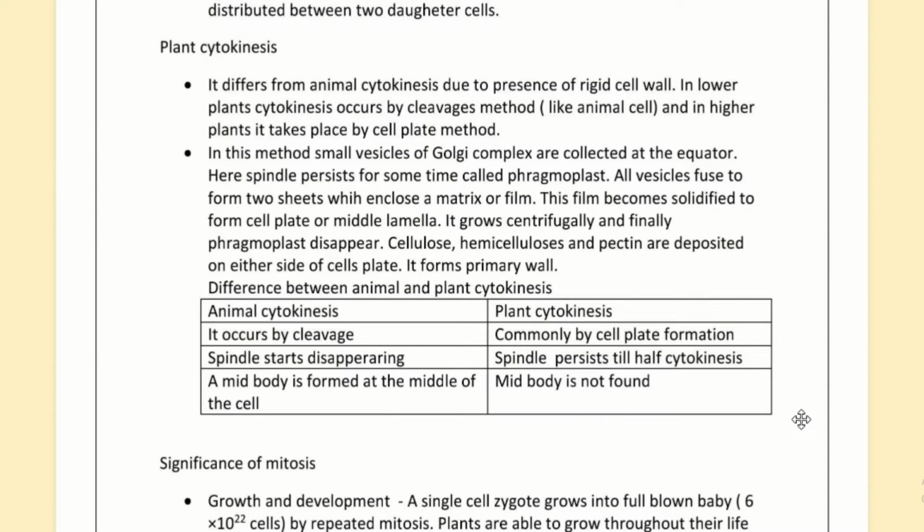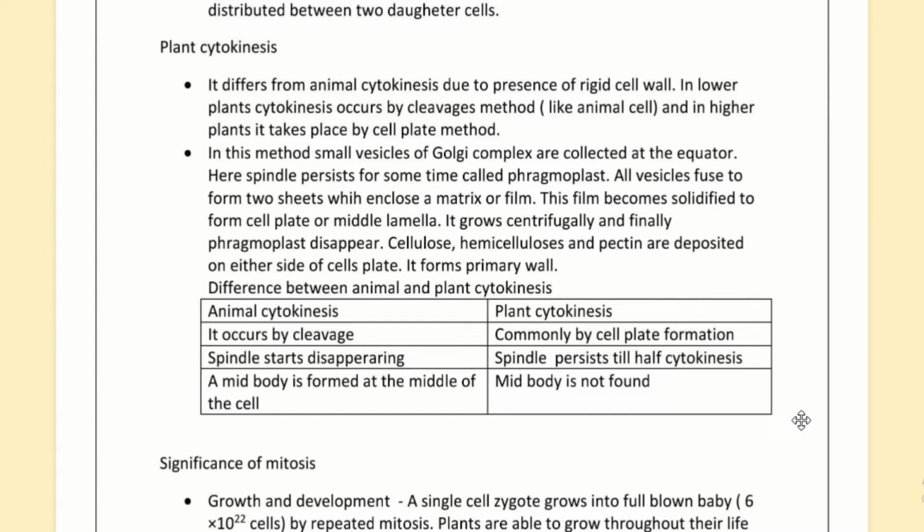In this method, small vesicles of Golgi complexes are collected at the equator, where the spindle persists for some time, called the phragmoplast. All vesicles fuse to form two sheets which enclose a matrix or film. This film becomes solidified to form the cell plate or middle lamella.